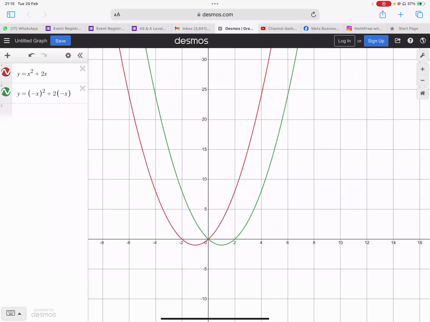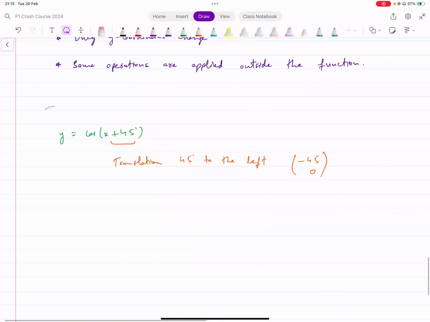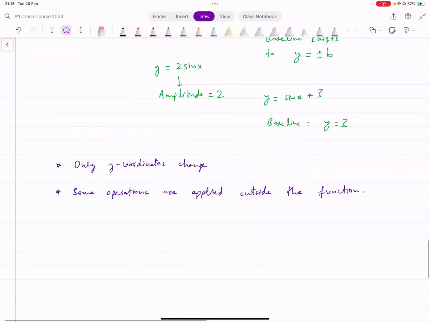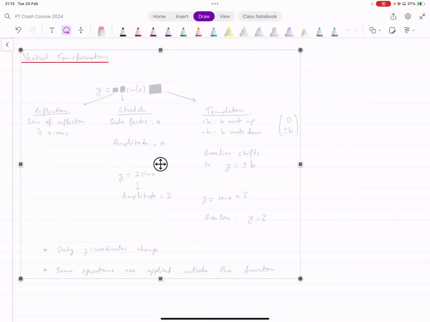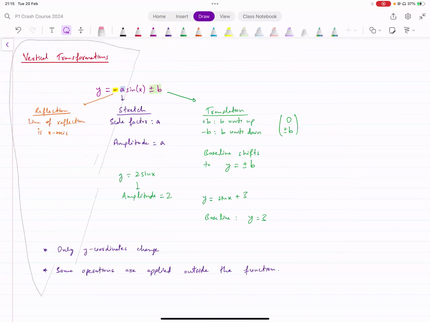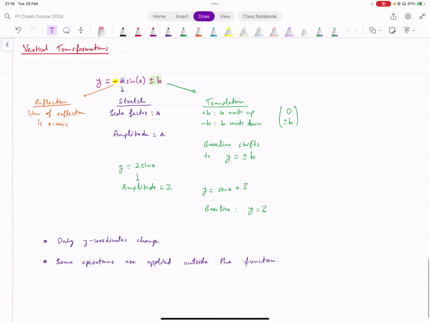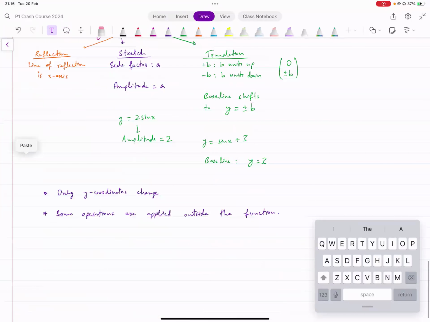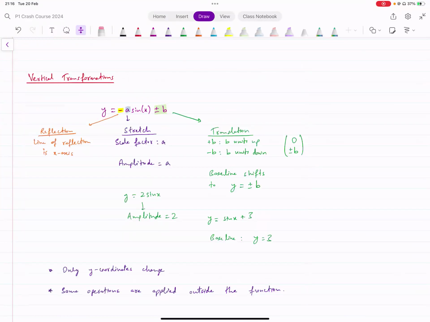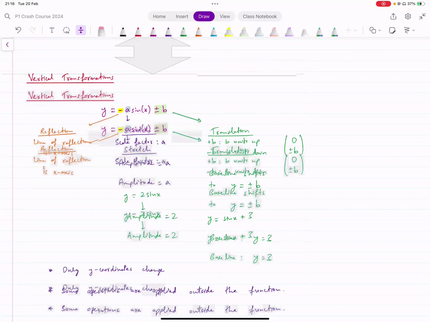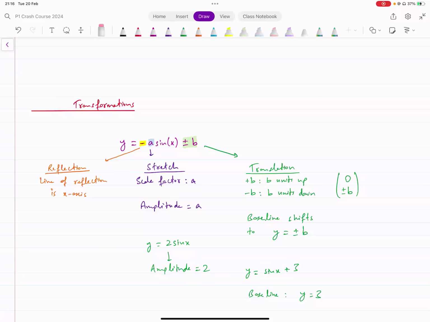Now, let me go back there and summarize all of this that we've learned. We talked about vertical transformations already before. Let me just copy all of this and change this slightly for horizontal transformations.